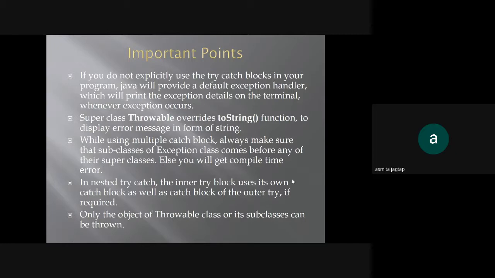If the exception type matches your first catch block, then it gets caught there. If not, then that exception is passed to the next catch block. Like nested if-else conditions, the same way your exception passes from one catch to another. That is the multiple catch block condition.